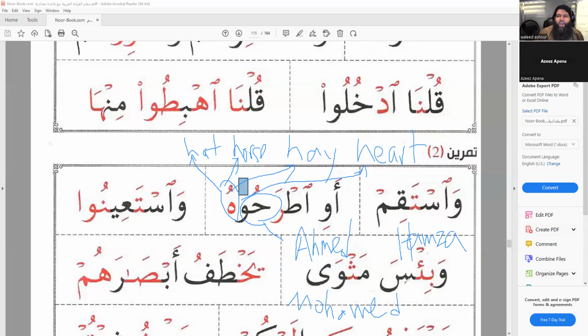It is a ha. It comes from restricting the throat while saying the English ha. So it's the same as ha, but when we say it, we close our throat. If you swallowed something very hot and were trying to cool it off, you would close your throat and try to push air out of a closed throat.